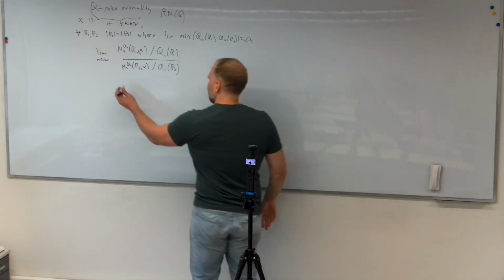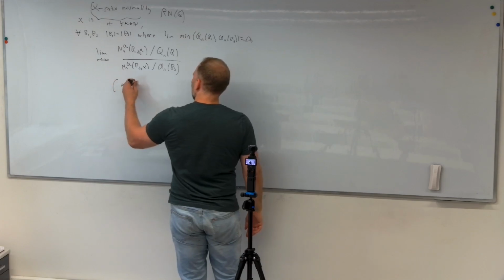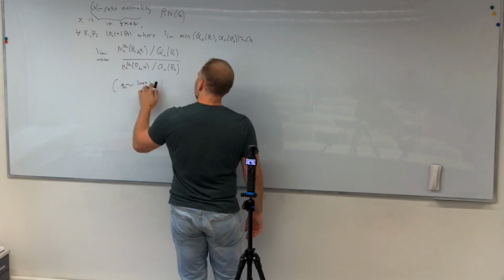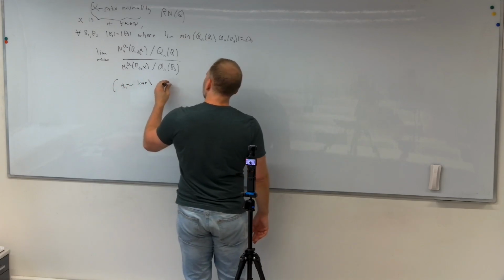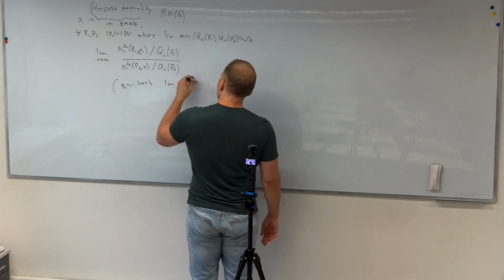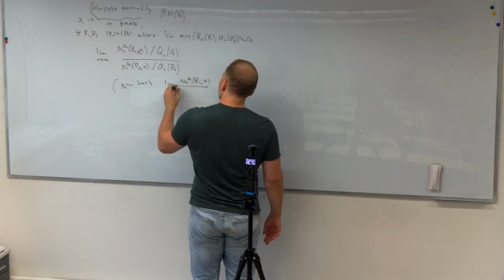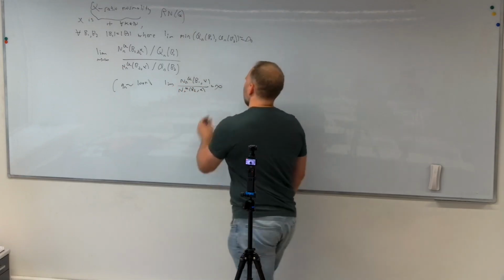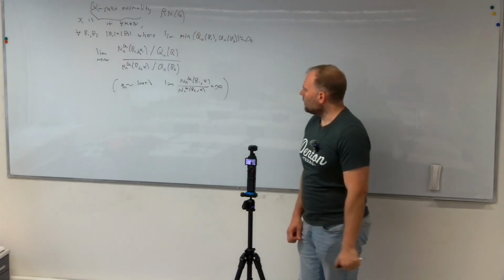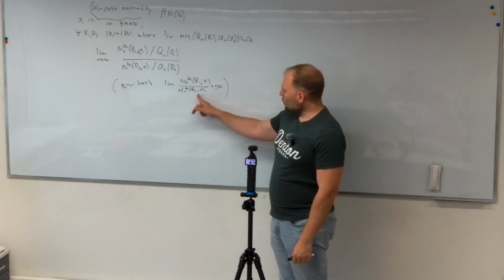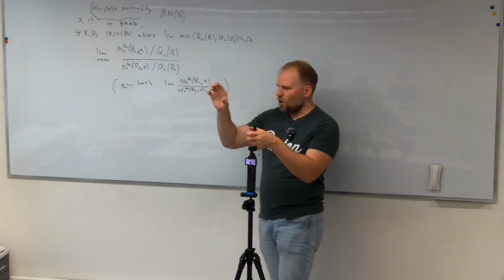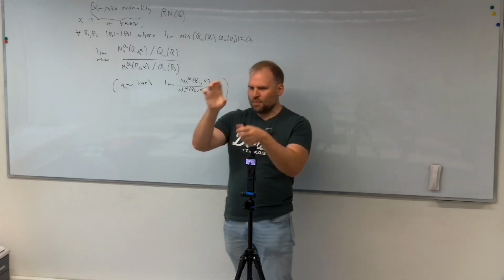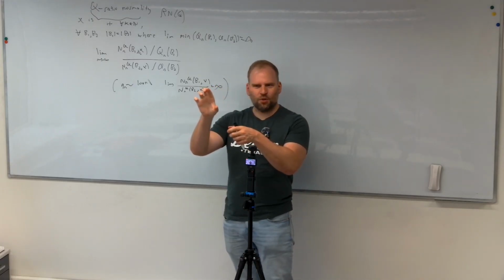So if we have something like Qn is about log n, then it's just the limit of N_n^Q of B1 in X over N_n^Q of B2 in X. So the basic idea here is saying that all blocks of the same length are essentially showing up the same as each other, but in a different wording.